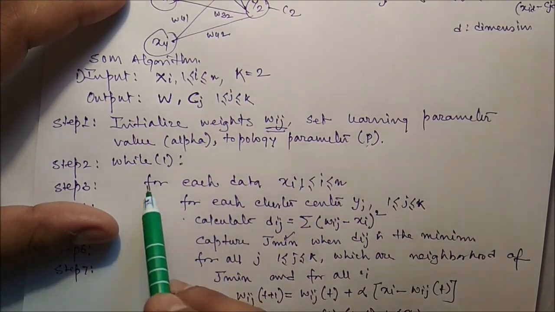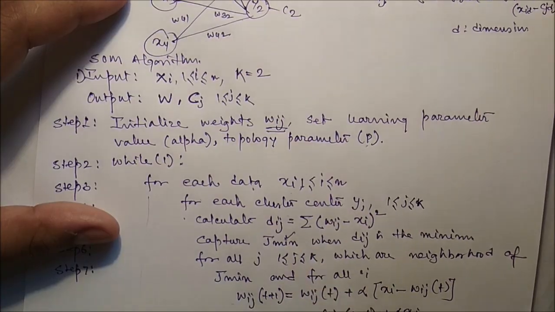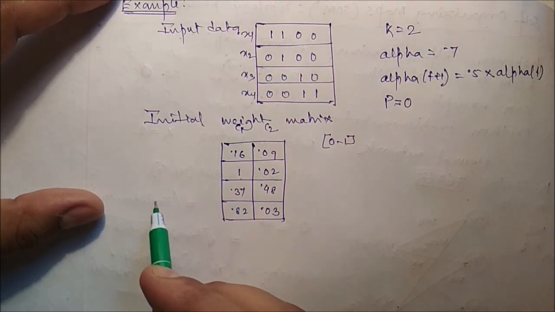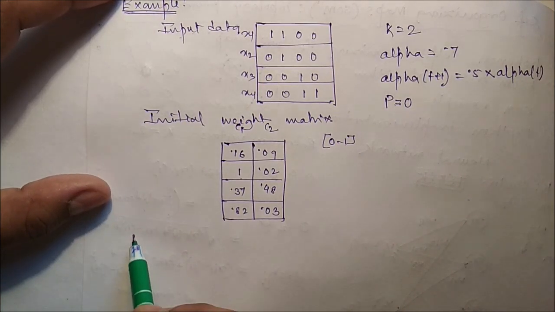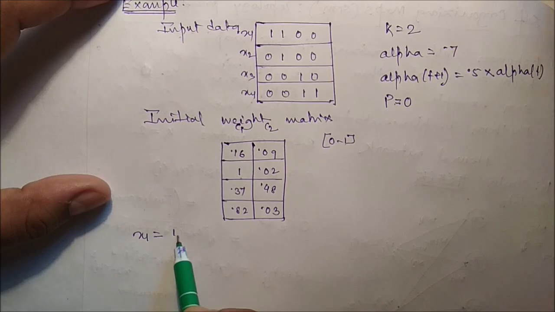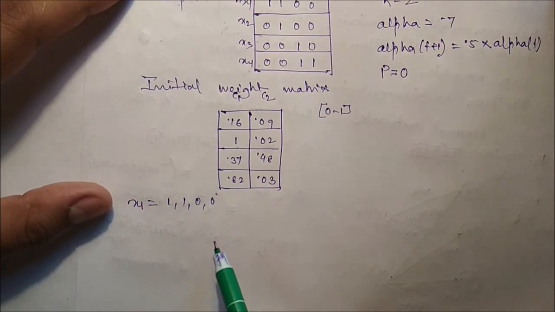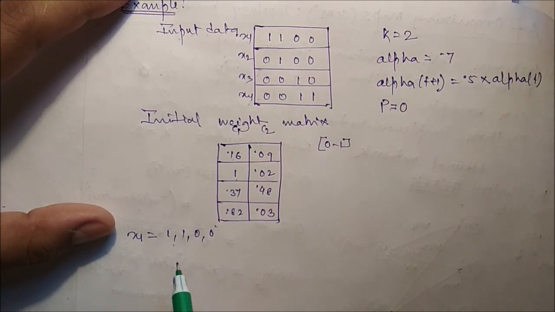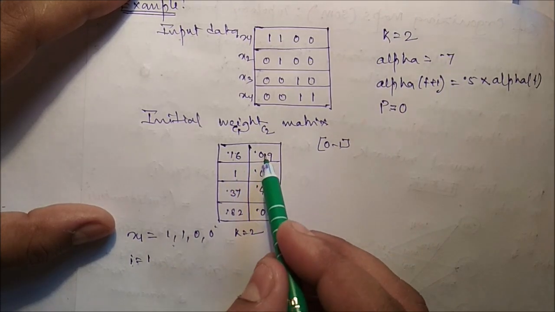Next, for each data we have to iterate, and for each cluster center. So the first data, selecting the data iteratively, the first data is 1100, and we have to calculate the distance with this and that. That means if i is equal to 1, k is equal to 2, we have to calculate for j equal to 1, then for j equal to 2.